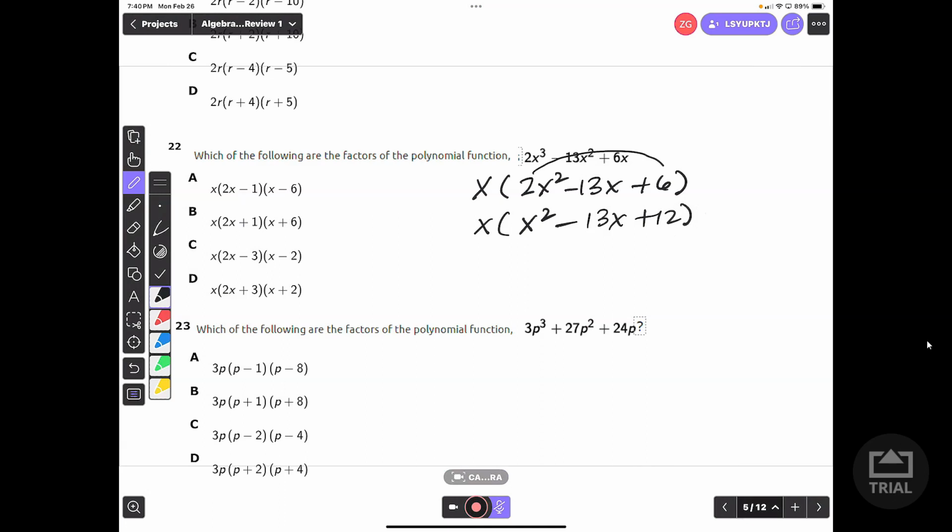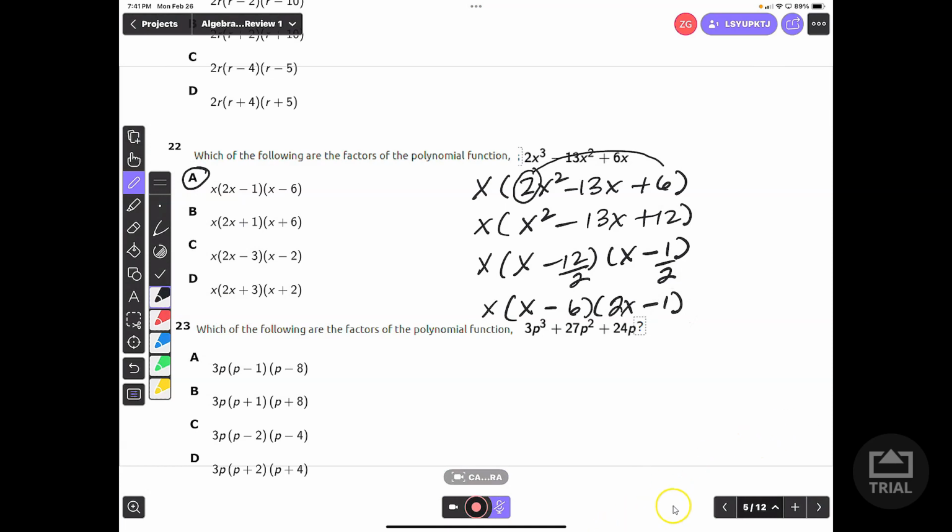Find the factors of 12 that add up to give you negative 13. So we have x minus 12, x minus 1. And since we did take the 2 away, we're going to divide by 2. So it should be x minus 6, right? And this we have 2x minus 1. So your answer is A.